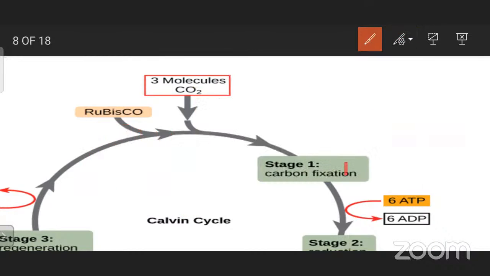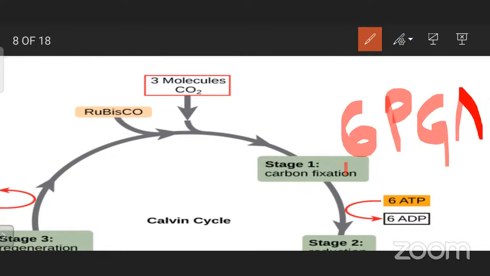Remember, we are taking only 3 carbon dioxide molecules; another 3 molecules of carbon dioxide would also give 6 PGA, so 6 plus 6, 12 will be there. So for this cycle, we will remember 6 PGA having 18 carbons in total.